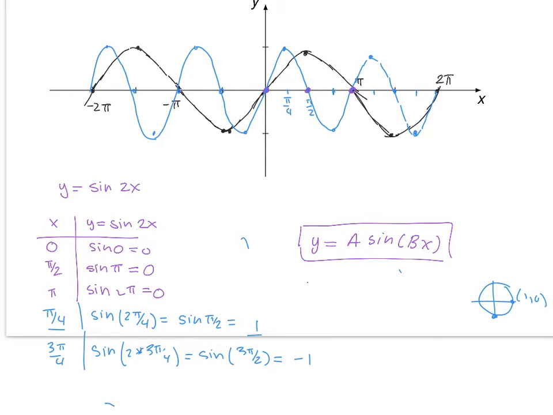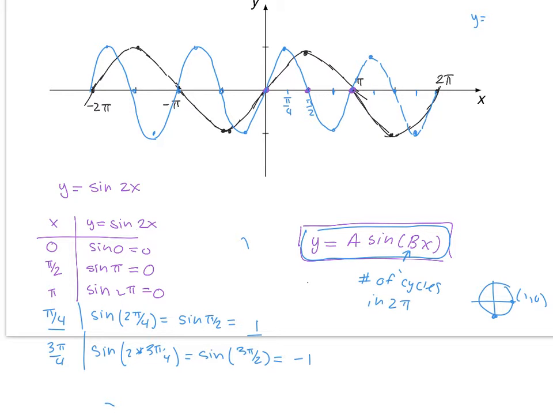One thing you can think about is that you took the x and multiplied it by 2, which makes it oscillate twice as quickly as it usually does. It's actually also the case that if you have something like sine bx, this number b is the number of cycles in 2 pi. That's always true.